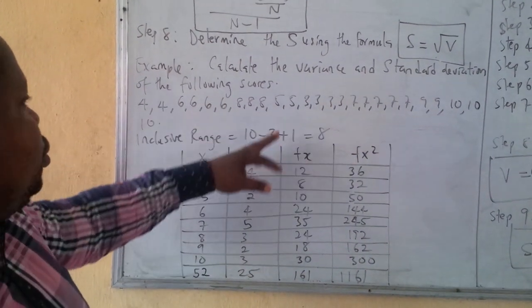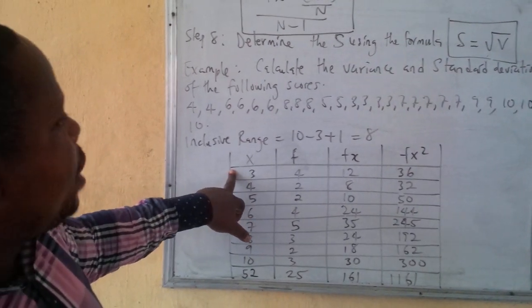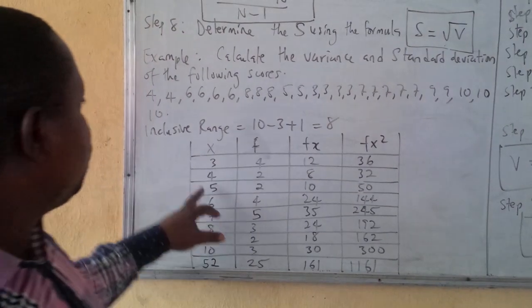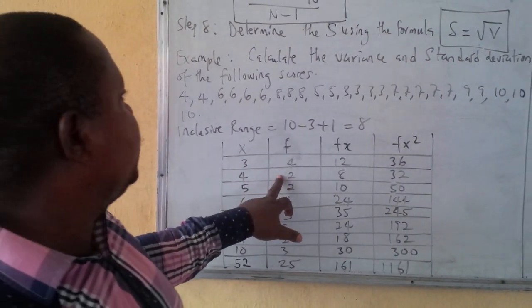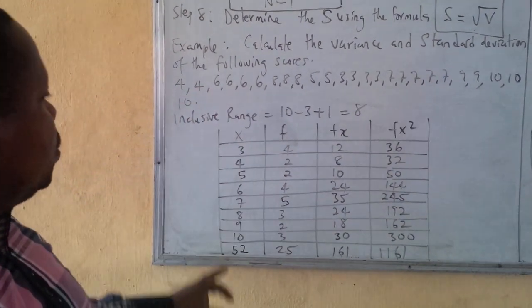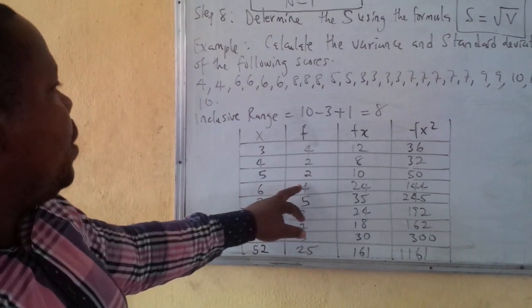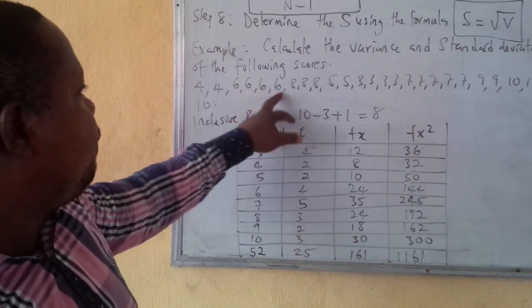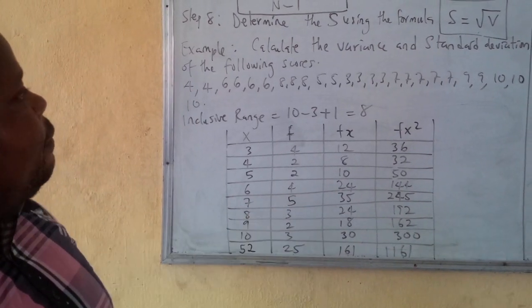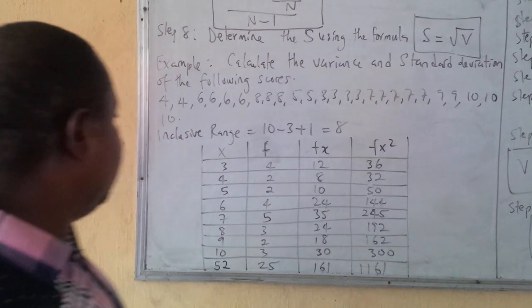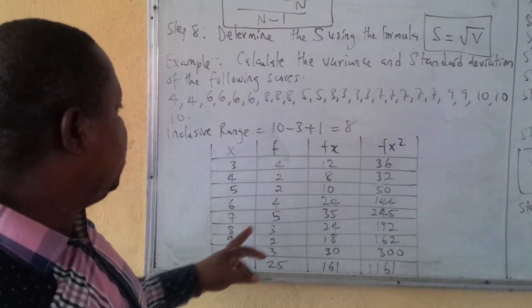Now remember that in this distribution, 3 appeared 4 times. 4 appeared twice. 5 appeared twice. 6 appeared 4 times. 7 appeared 5 times.